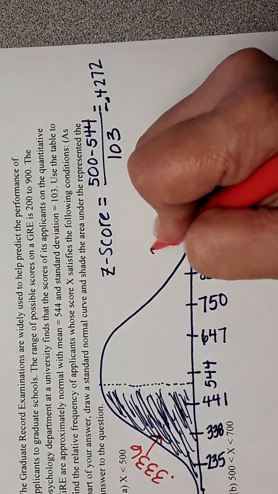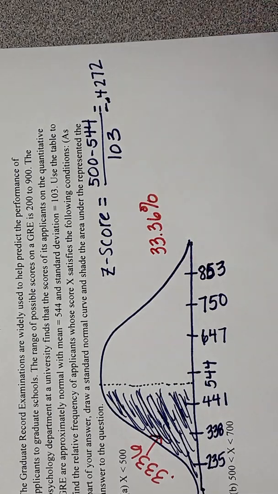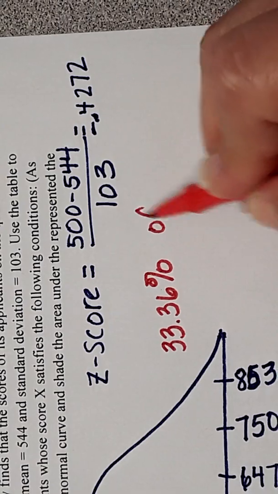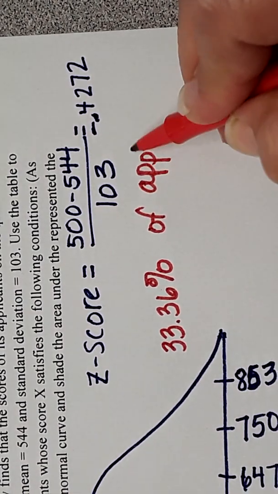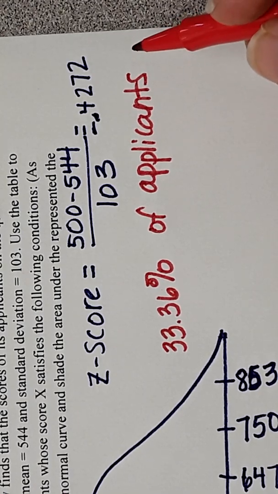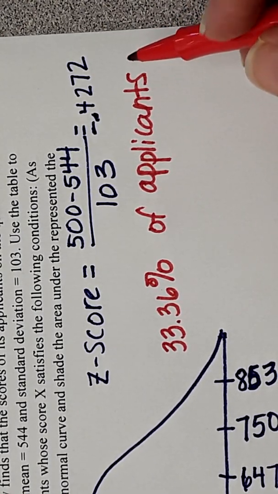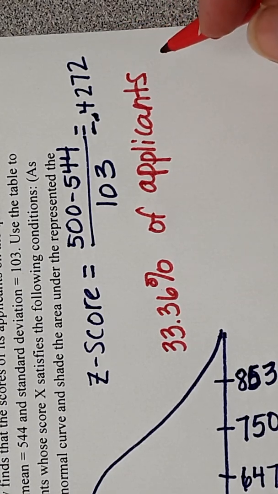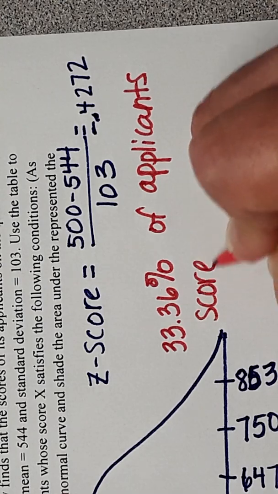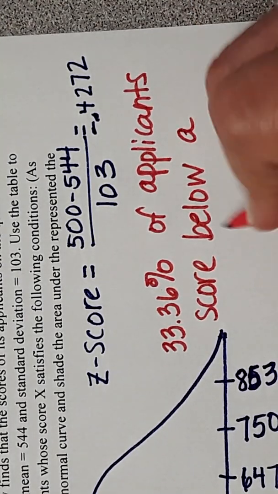So 33.36% of applicants score below a 500.